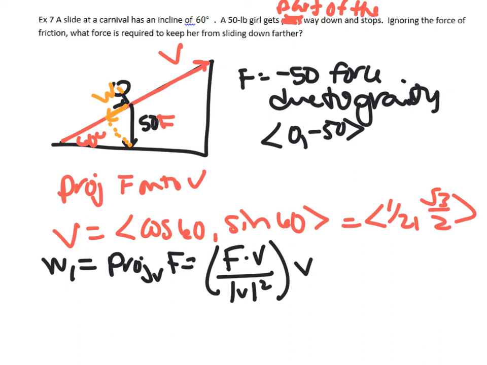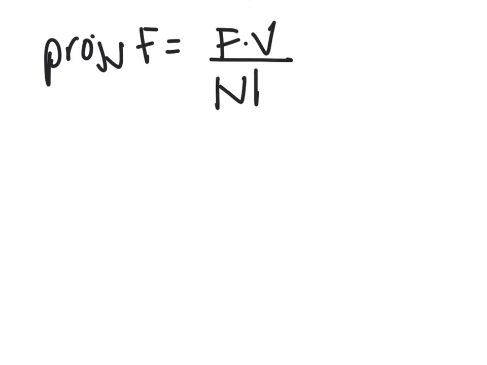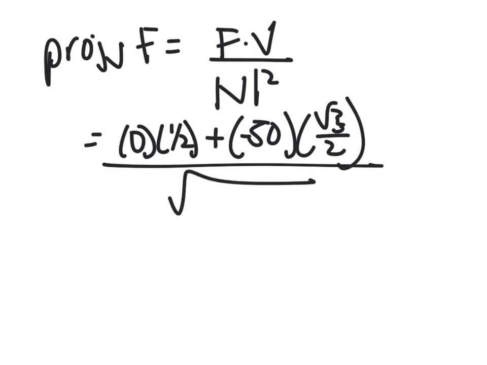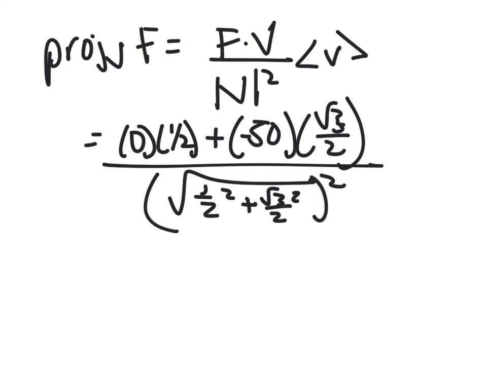I'm probably going to have to do this on the next screen because I'm going to run out of space. So again, I'm doing projection of F onto V. That's going to give me 0 times 1/2 plus negative 50 times square root of 3 over 2, because you're doing the dot product of the force vector and V. Then that's divided by the magnitude squared times your V vector.